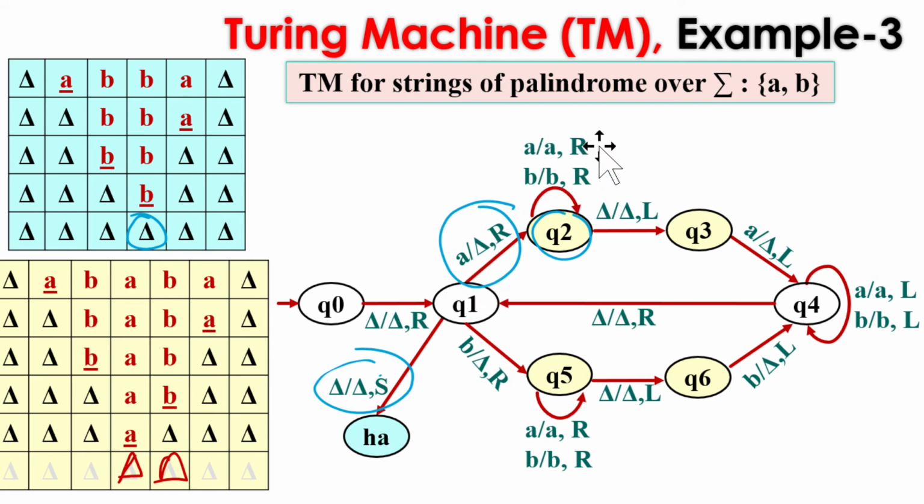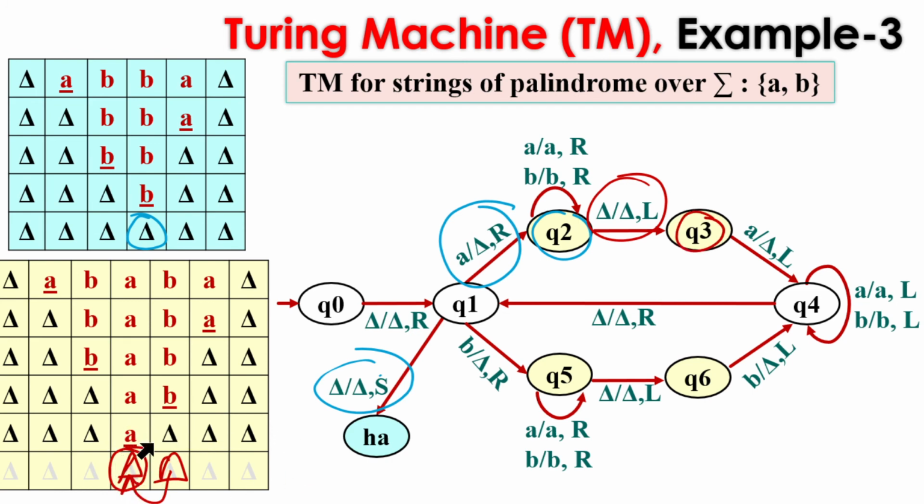So we are not going through this loop anymore because we are having no symbol to iterate through this loop. So from this blank we are moving one position to the left. Okay, so after moving one position left, we are again pointing to the same blank here at q3.